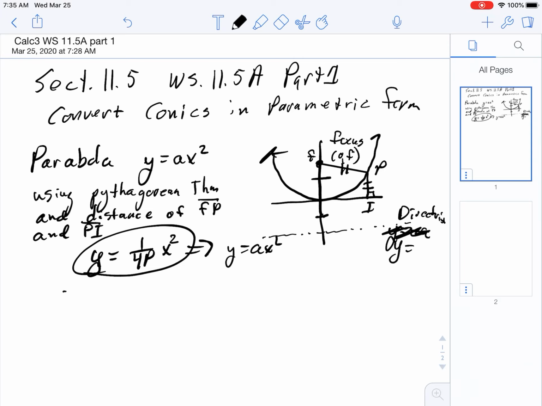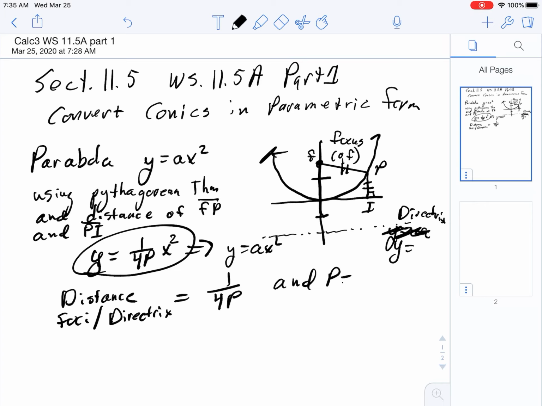So that would mean the distance of the focus and the directrix would then be 1 over 4p, which means that p would have to equal a.